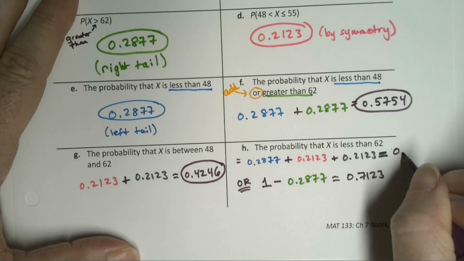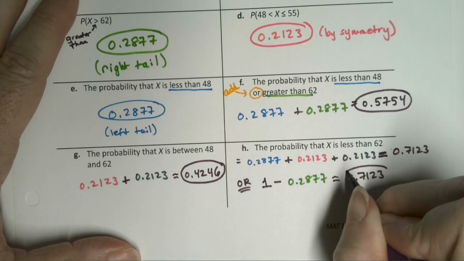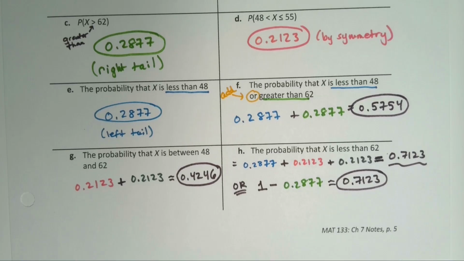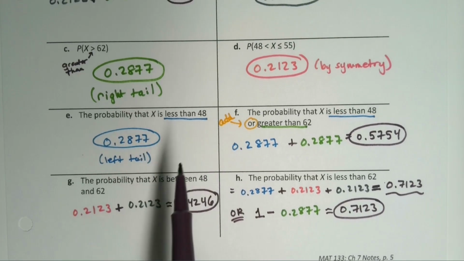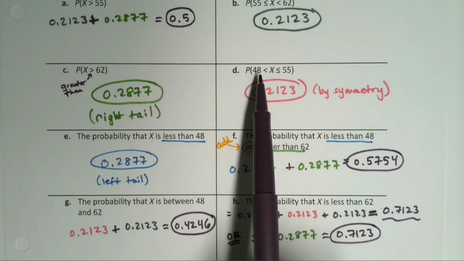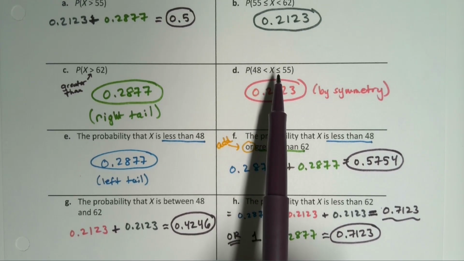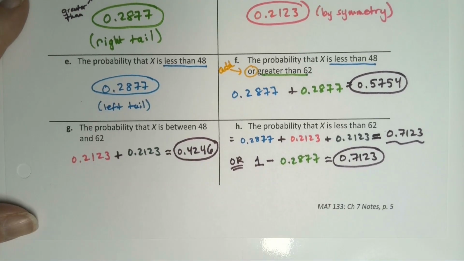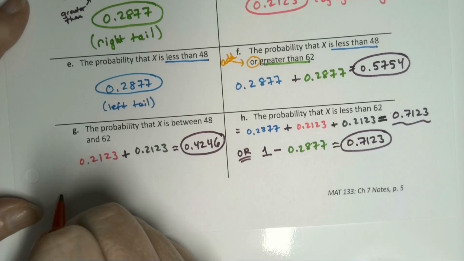Now there's one other thing to notice here. Right? So whichever one you want to circle is fine. Did you notice how sometimes I said less than and sometimes I have a less than or equal to sign? Right? Why does it not matter? I ignored it entirely as I was doing the problem. And that's because it doesn't make any difference, because this is a continuous distribution. So that's just one last thing to note. In a continuous distribution, remember that the probability that x equals any particular number is 0.